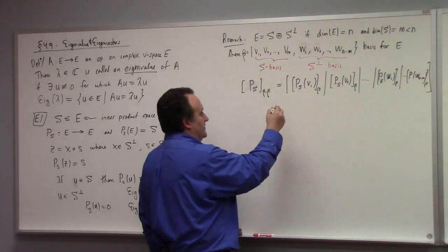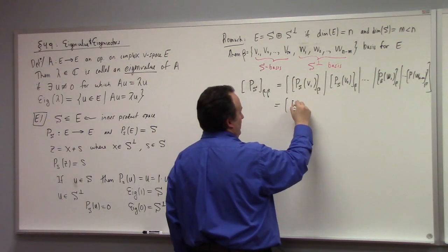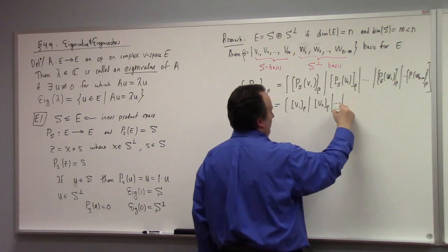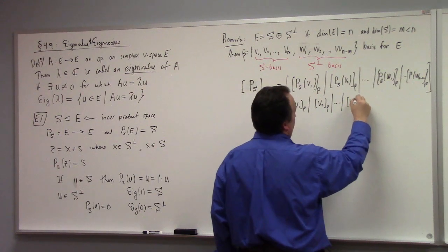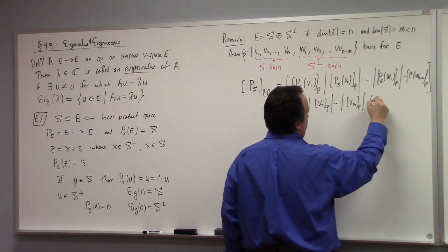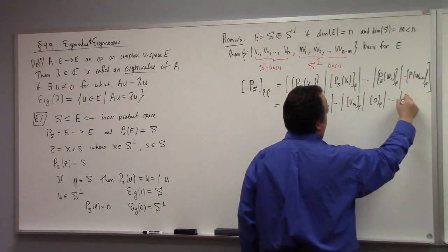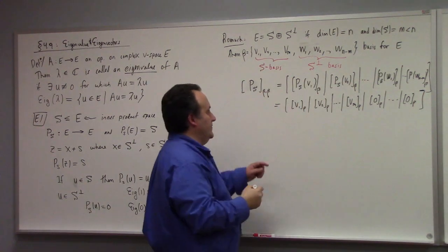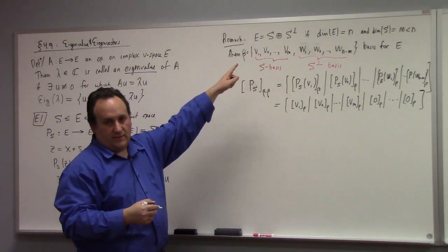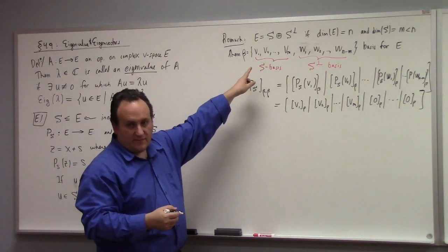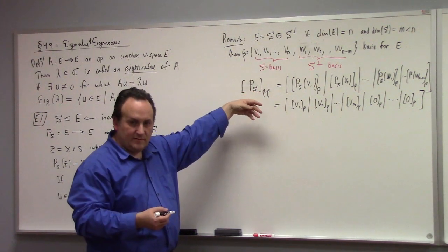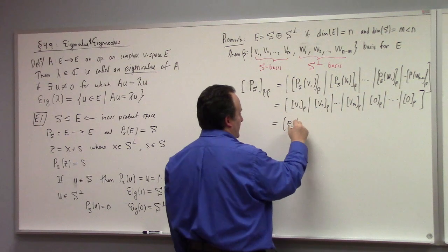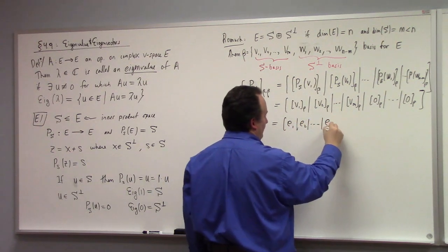So this is literally the coordinate vector of v1, the coordinate vector of v2, all the way out to the coordinate vector of vm, and then you've got 0. But if this is the basis, what is the coordinate vector of v1 if v1 is the first thing in the basis? Well, it's exactly e1. So this is literally e1, e2, all the way out to em, and then zeros.